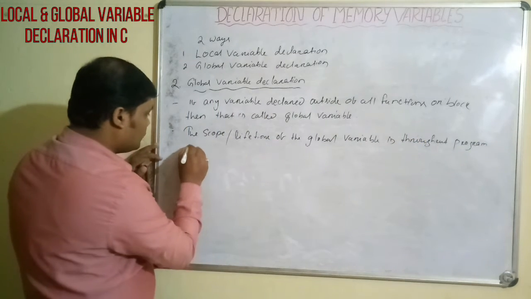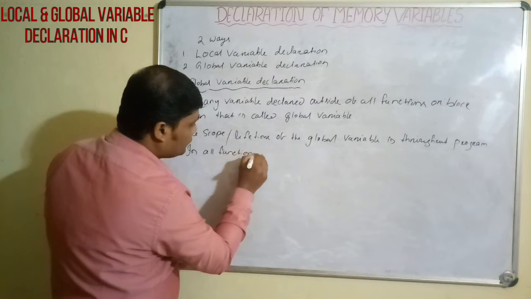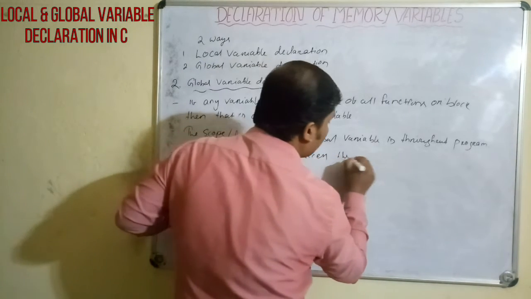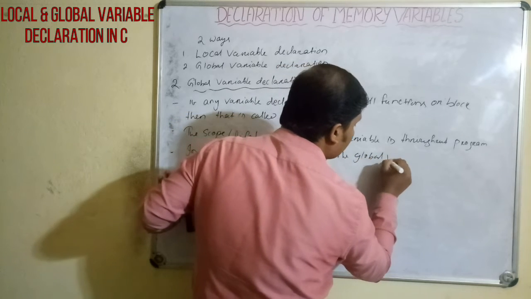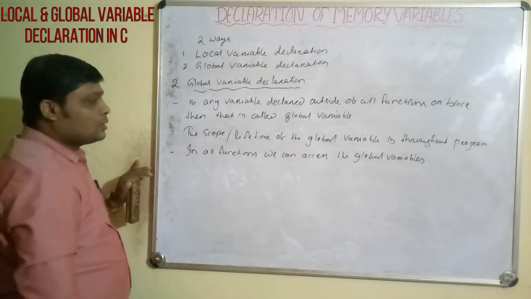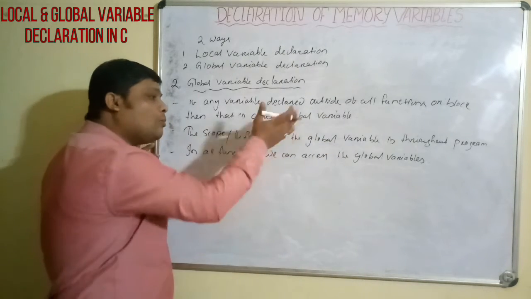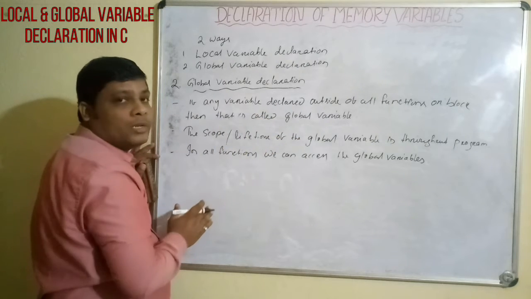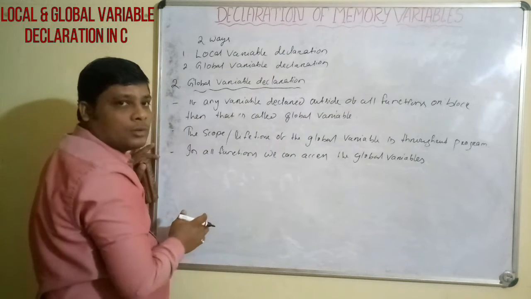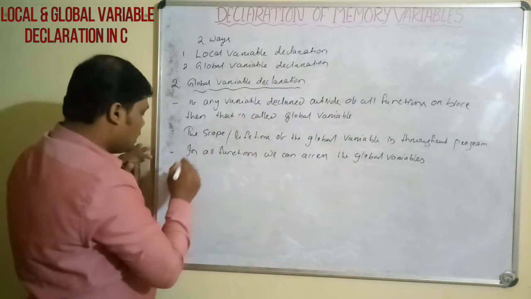In all functions we can access the global variables. Clear? So the scope or lifetime of global variables is throughout the program, in all functions I can access the global variables. What is global variable? The variable declared outside all functions or above all functions. Clear? Then that is called global variable.